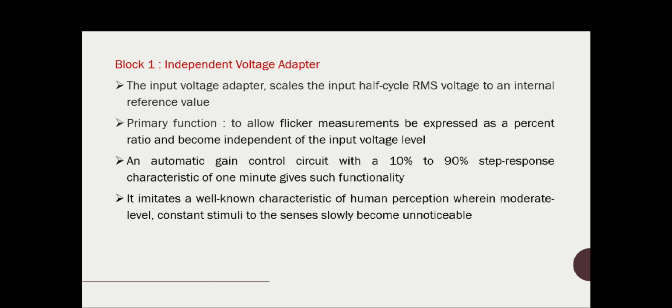Block 1 is an input voltage adapter that scales the input half cycle RMS value to an internal reference level. This allows flicker measurement to be made based upon a percentage ratio rather than depending upon the input carrier voltage level.